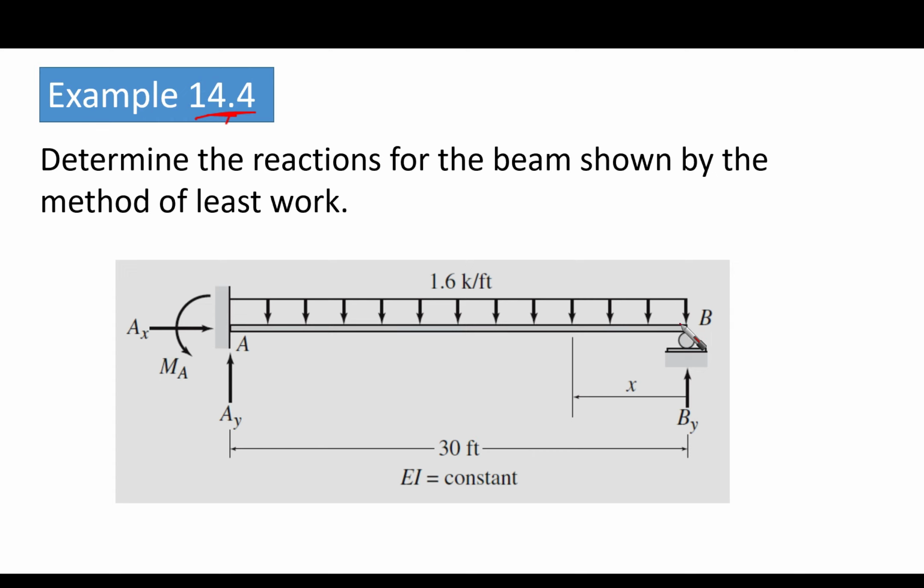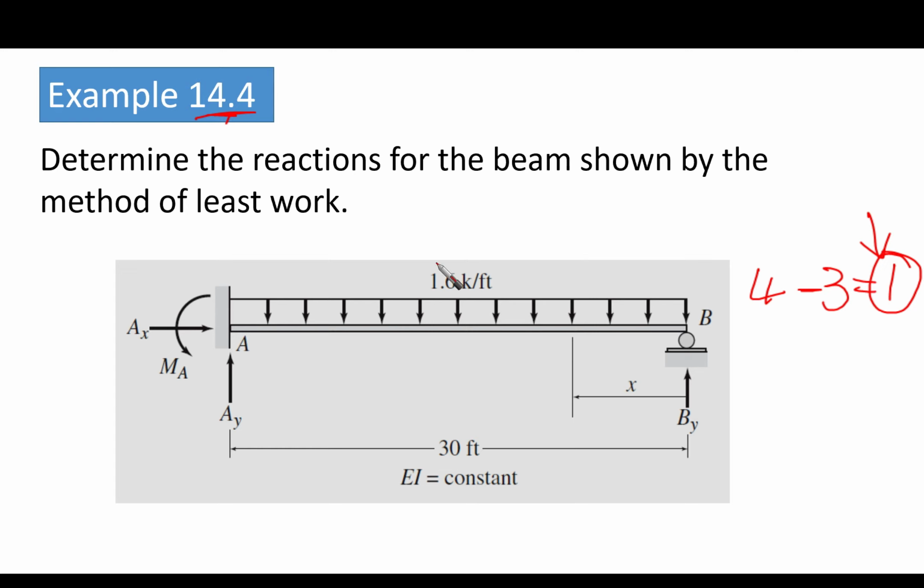And here we have a roller which has only one redundant. So we are dealing with 4 unknowns, and we have 3 equilibrium equations. This means that our system is once statically indeterminate.